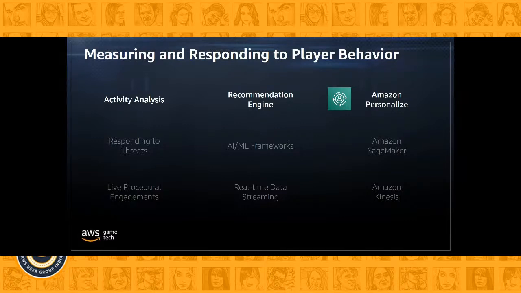So with activity analysis, this basically just keeps more players engaged by allowing them to have options, and by utilizing things like Amazon Personalize, which is a service that has real-time product and content recommendations. A lot of this has to do with marketing, and especially with games and game marketing.